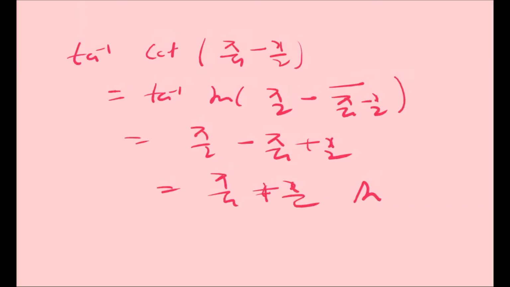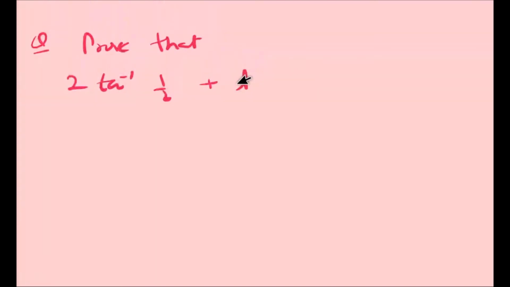Now we can take one proving question. Let the question be: prove that 2 tan inverse 1 by 2 plus tan inverse 1 by 7 equals tan inverse 31 upon 17.